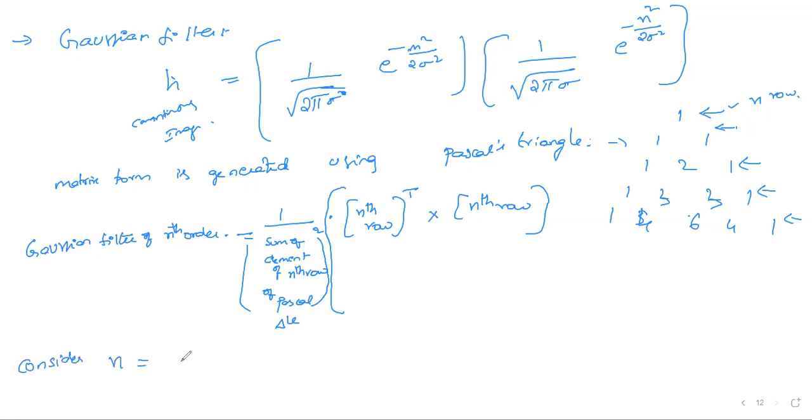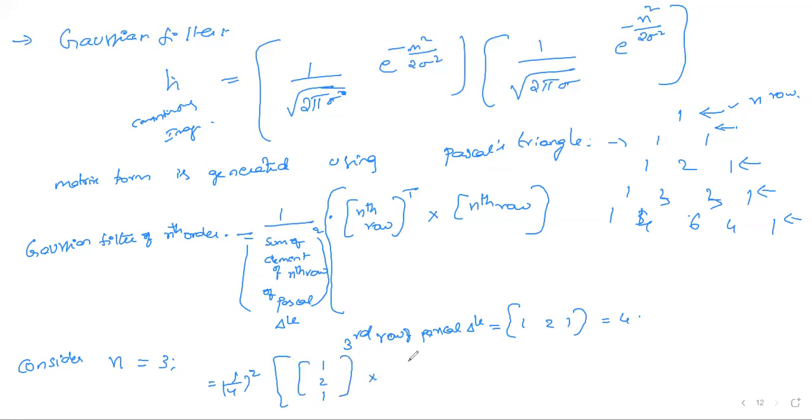Suppose we consider n is equal to 3. So the third row of Pascal triangle is 1 2 1. So the sum of elements is equal to 4. So 1 by 4 whole square, into nth row transpose 1 2 1, into nth row 1 2 1.